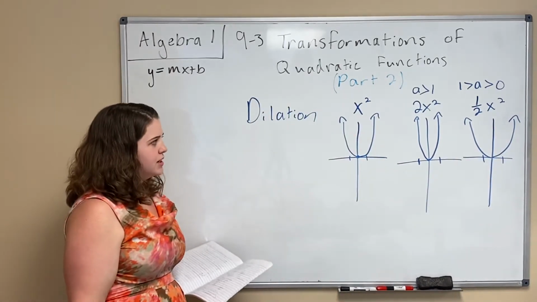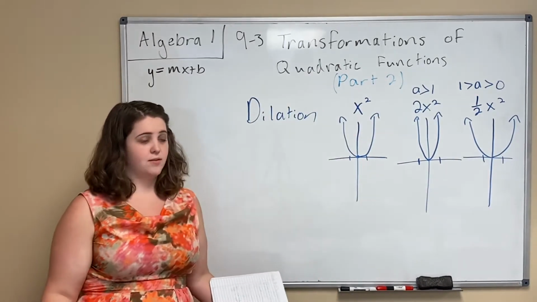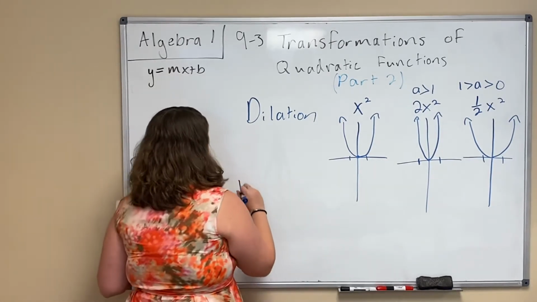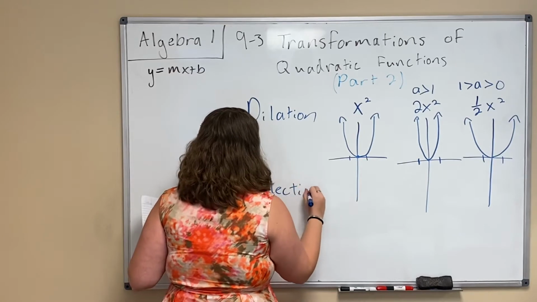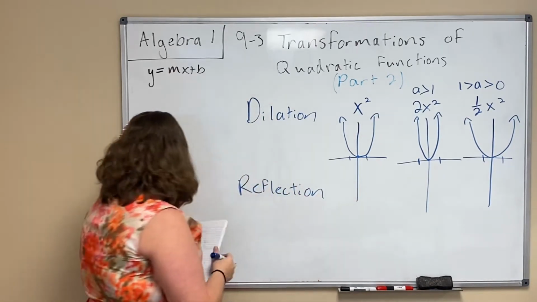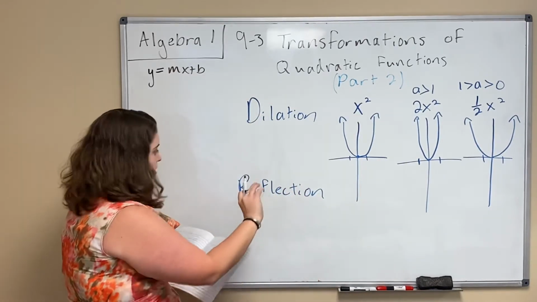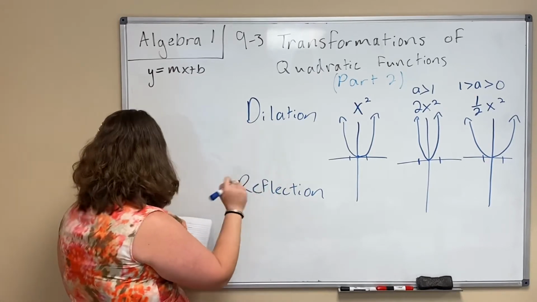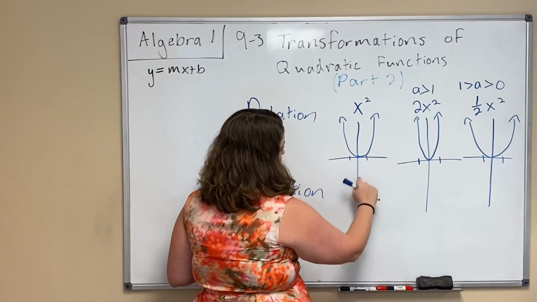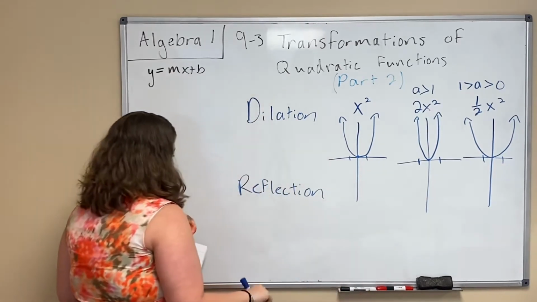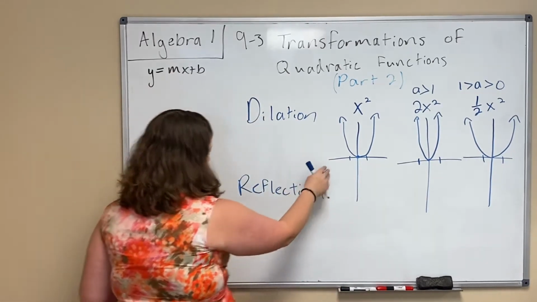Now I know what you're thinking. What happens when a is negative? And that's where the reflection comes in. A reflection occurs when our a value changes signs. It's going to reflect it over the x-axis. So here's my x squared.